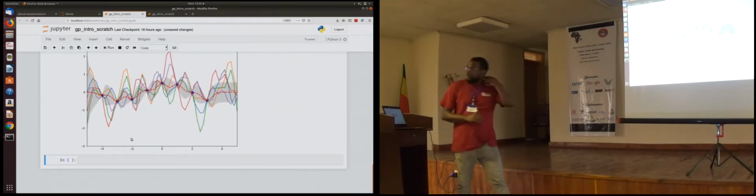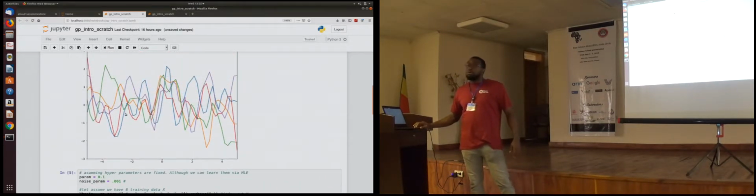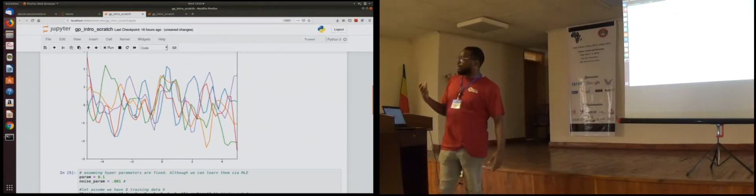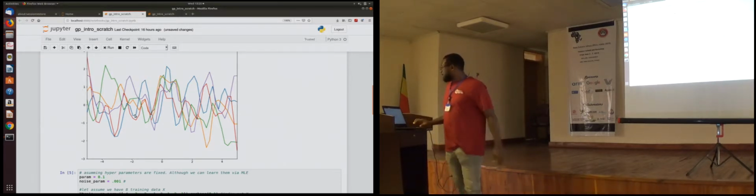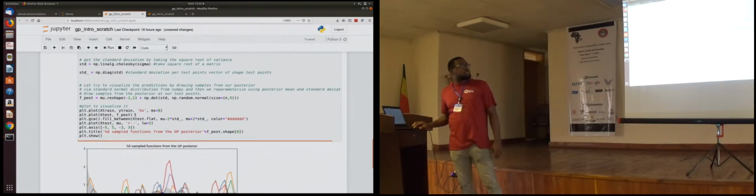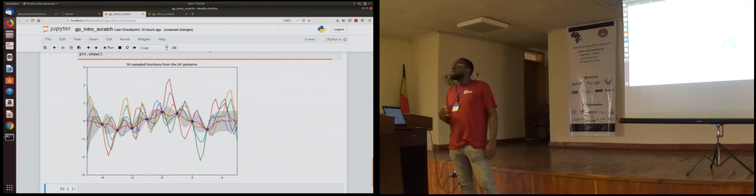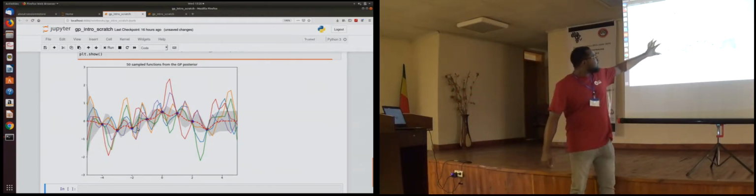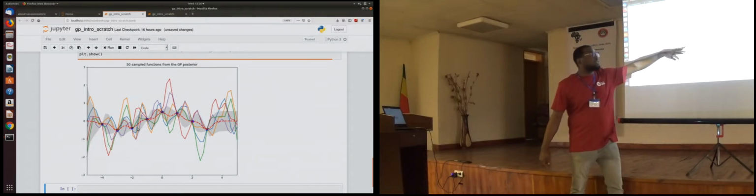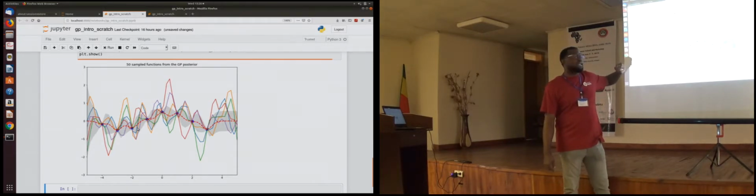So what does this tell me? This is my prior knowledge of how I think my functions behave. Now this is how my function behaves after I have seen the data. If you notice, the gray area is the uncertainty in your prediction.